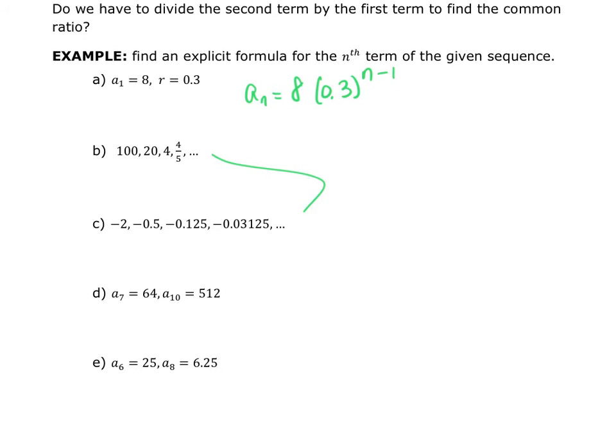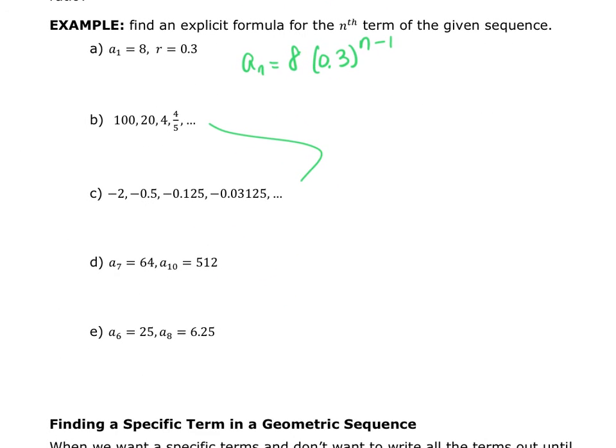So my a sub 7 is 64, which is equal to a sub 1 r. My n is 7, so 7 minus 1. So my first equation is 64 is equal to a sub 1 r raised to the 6th power.